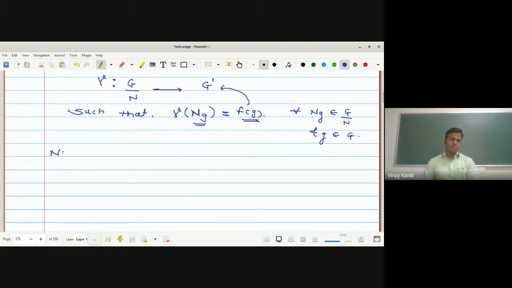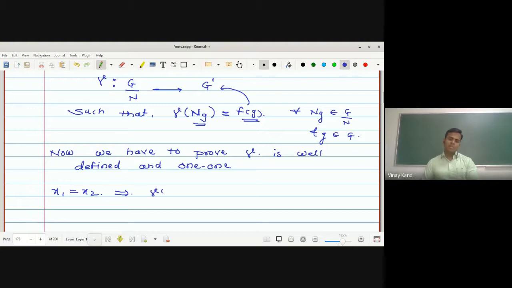Okay, now we have to prove that this gamma is well defined and 1-1. Okay, how to prove the well defined function? Take any two elements. If x1 is equal to x2, if it implies gamma of x1 is equal to gamma of x2, then function gamma will be well defined.